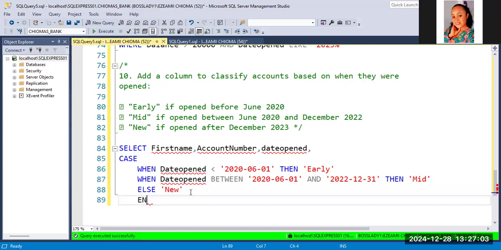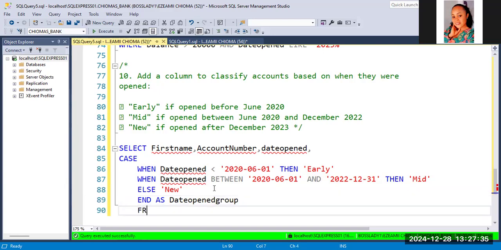We end our statement as what column? Okay, let's give it, let's open time. Okay, let's use group from our account.